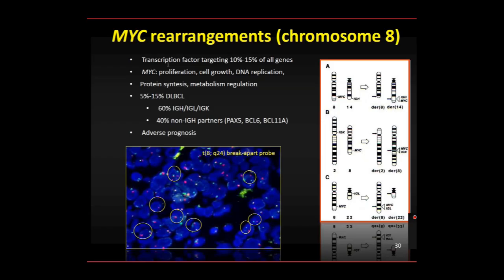MYC is particularly determining high proliferation rate in cells, cell growth, and increased protein synthesis, and activates metabolism, both glucose and lipid metabolism. Actually, it's translocated in 10-15% of diffuse large B-cell lymphoma, and the partner can be either an immunoglobulin, as we are used to seeing now in many lymphomas, you remember why, but very commonly they are non-IgH partners that include BCL6 itself, PAX5.